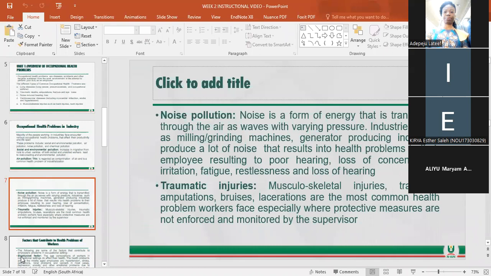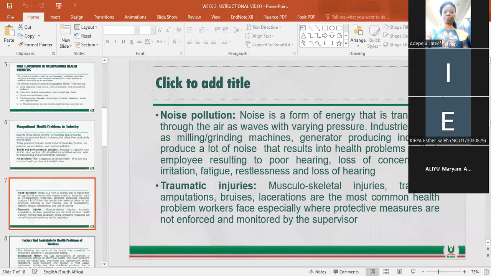Even some have gotten bruises and lacerations of different degrees in the course of working. It is important that monitoring and supervision is enforced so as to prevent this problem.